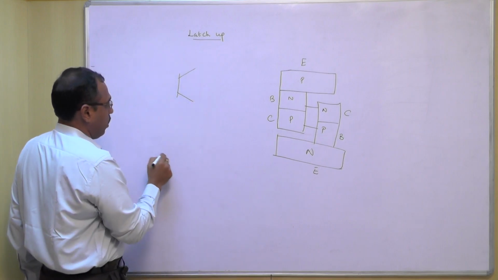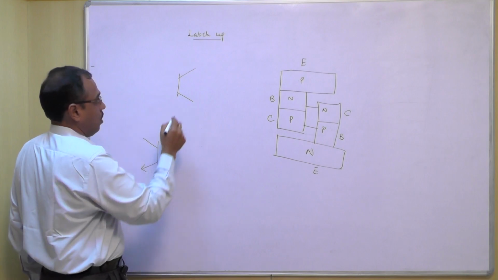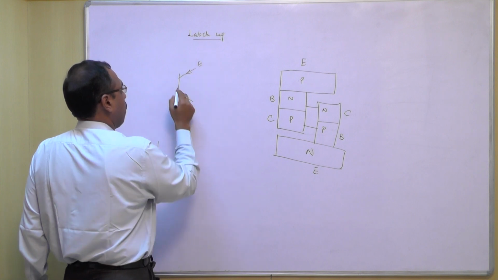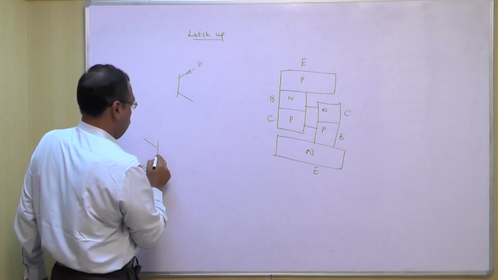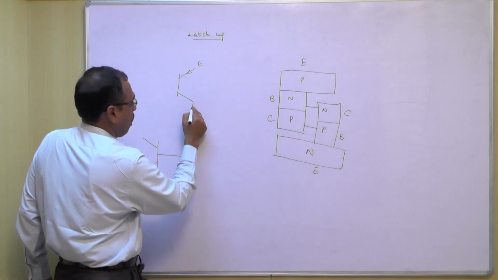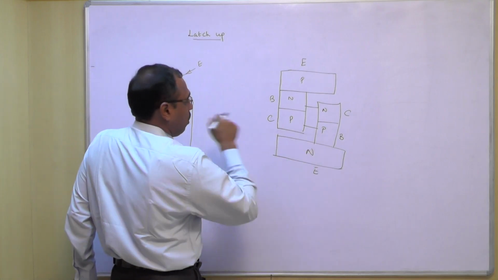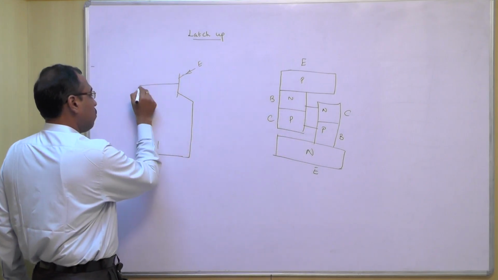Another one is an NPN transistor, and this becomes its emitter, and this collector and base. The NPN transistor base is connected to the collector of the PNP, and similarly this collector is connected to this base.